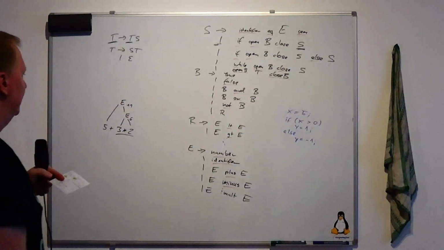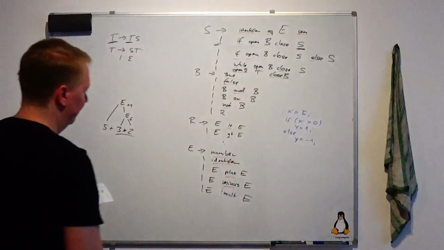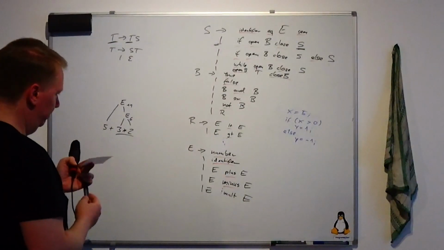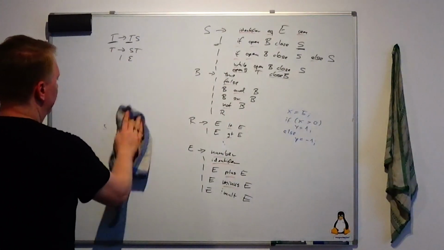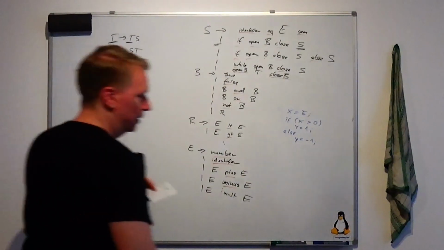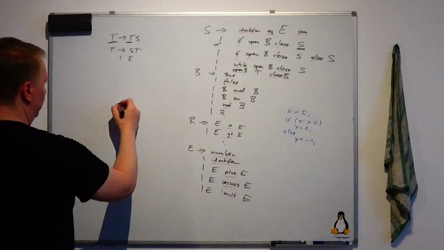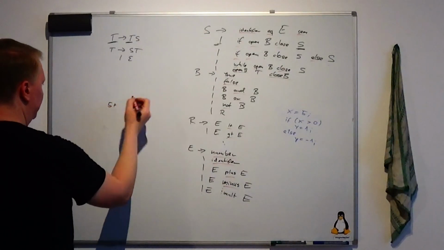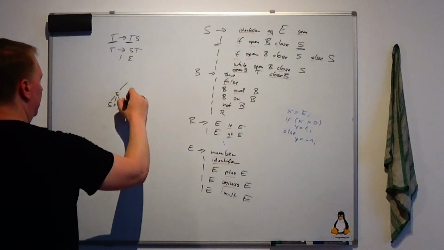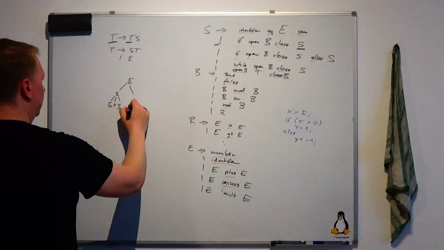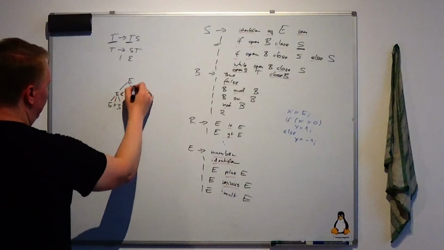But if your grammar looks like this, nobody guarantees that. It might as well just parse it the other way around, so 5 plus 3 times 2, and then it's 8, 16.